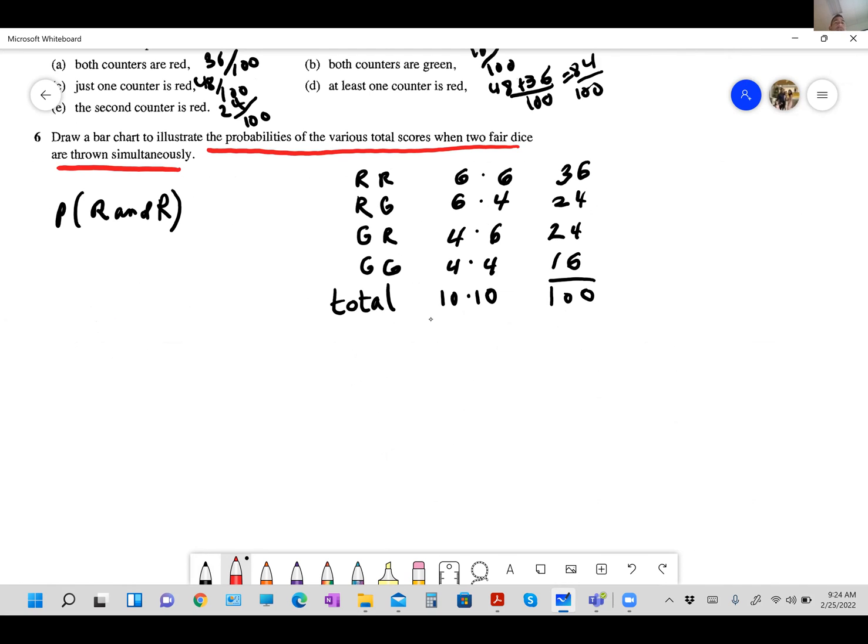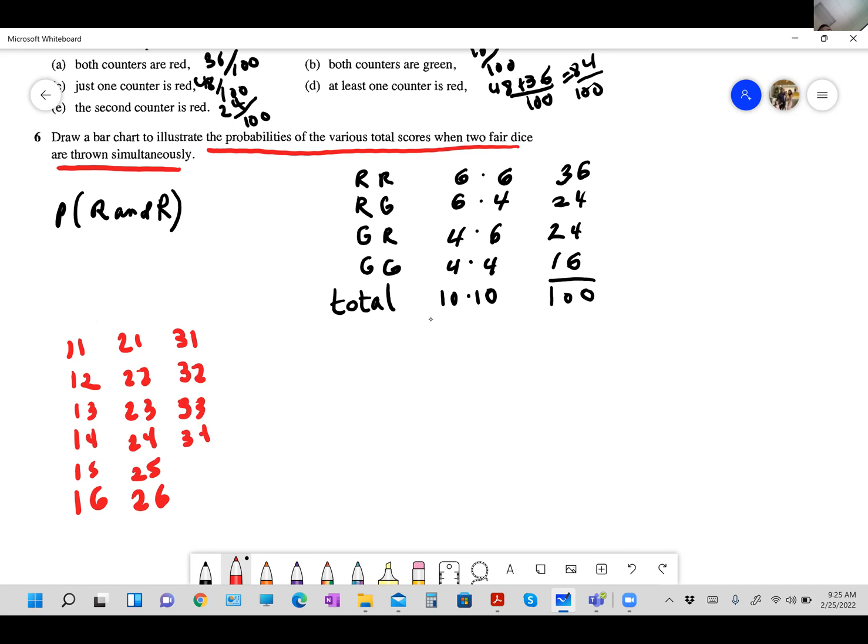Okay. So let's think about it. So the total scores. Do you remember last class I did this with you guys? 1, 1, 1, 2. Remember that? 1, 3, 1, 4, 1, 5, 1, 6. And 2, 1, 2, 2, 2, 3, 2, 4, 2, 5, 2, 6. And 3, 1 through 3, 6.